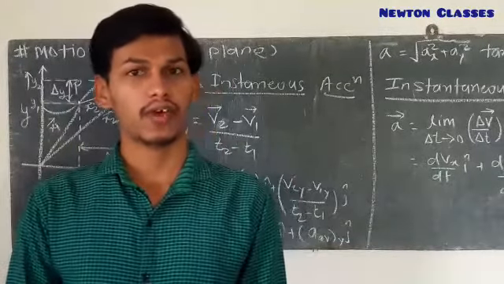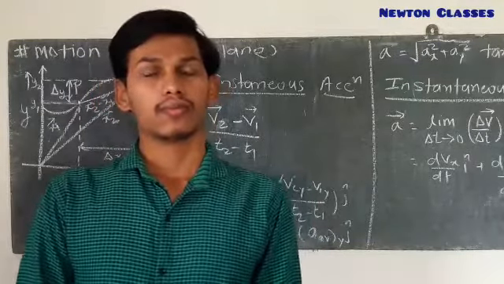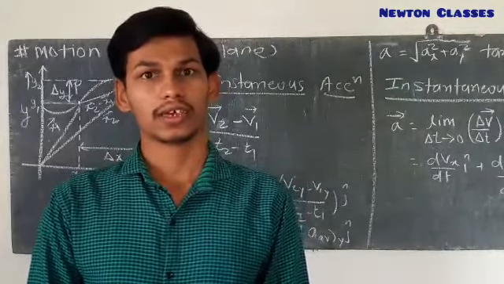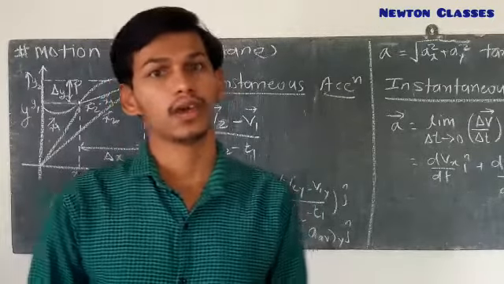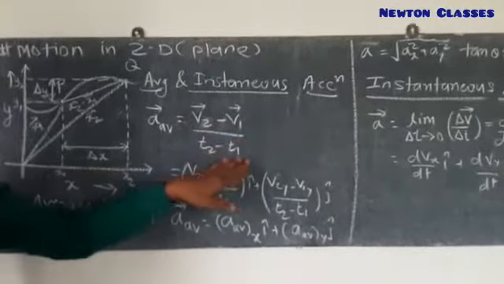The next definition is average acceleration. In the last videos, for rectilinear motion, we already studied the definition of average acceleration, that is, change in velocity upon change in time. Here the change in velocity is v2 bar minus v1 bar upon t2 minus t1.